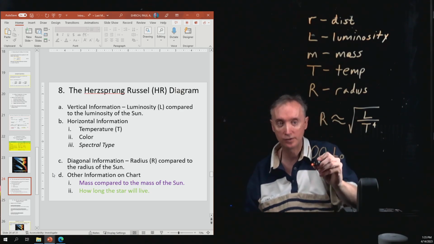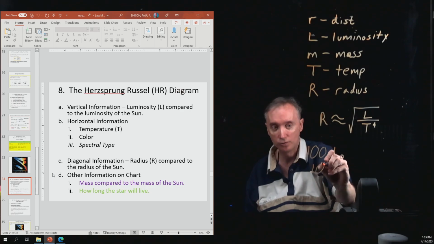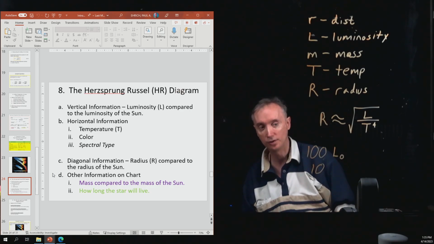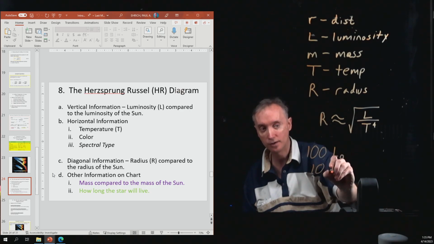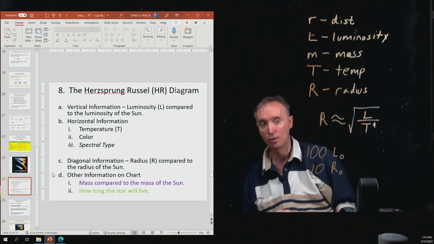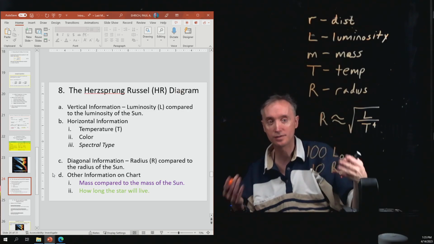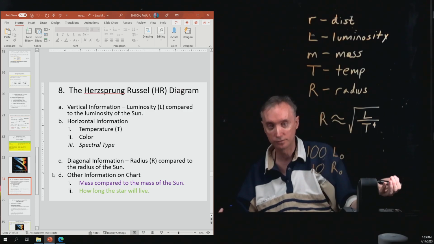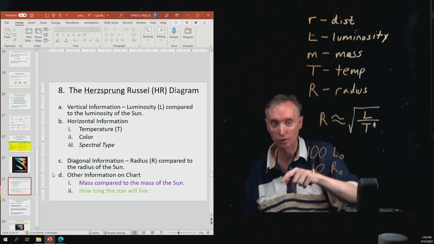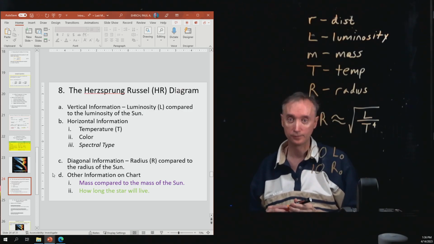So if you put down 10, don't just say the number 10. You're going to want to say 10 times the radius of the sun, or you could say 10 and then R sun. So don't just put down the number 10 on the exam.